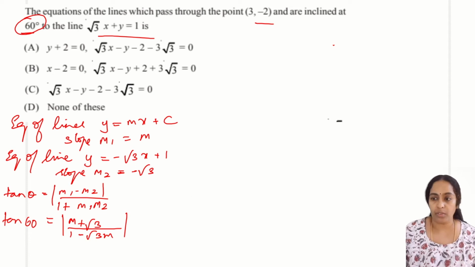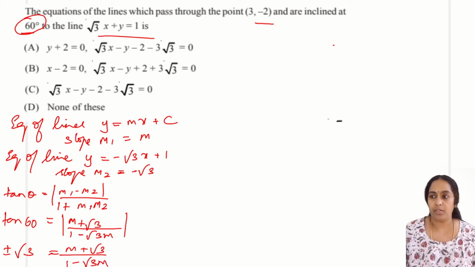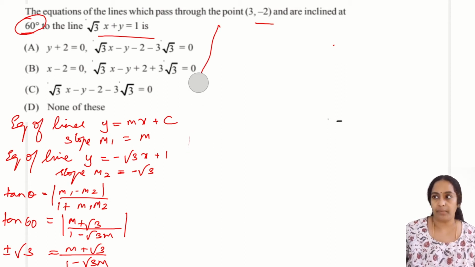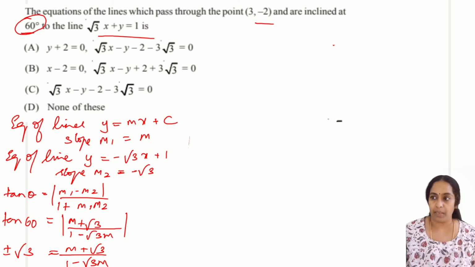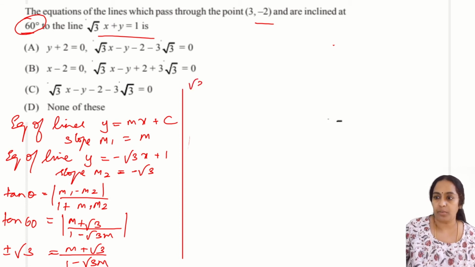When I remove the mod symbol, on the left hand side it's plus or minus root 3 equals m plus root 3 divided by 1 minus root 3m. With plus root 3 and minus root 3, I'll get two values of m. With plus root 3, I have m plus root 3 divided by 1 minus root 3m.